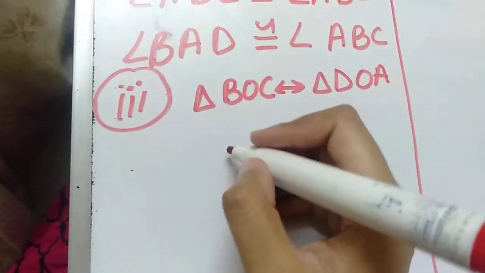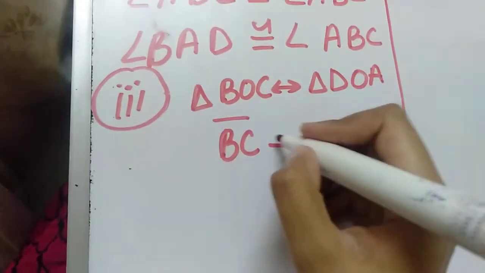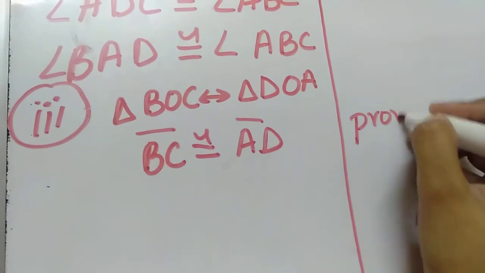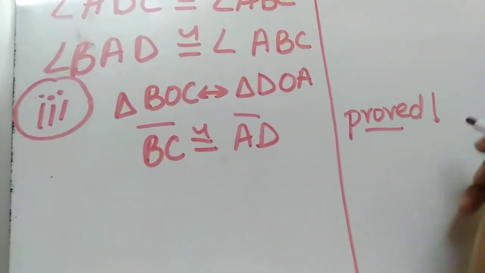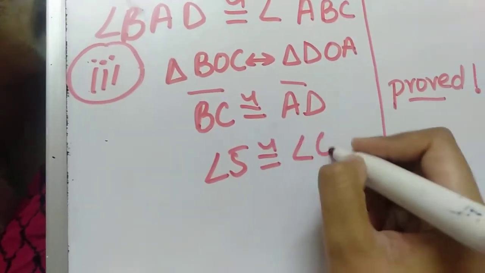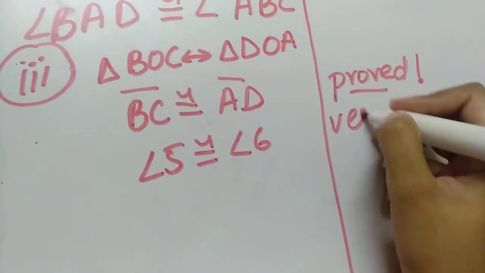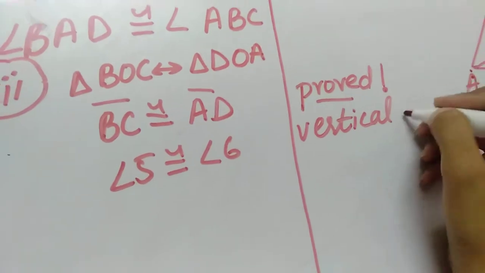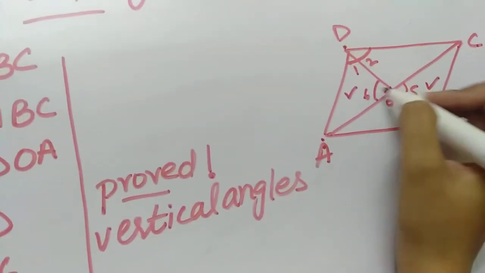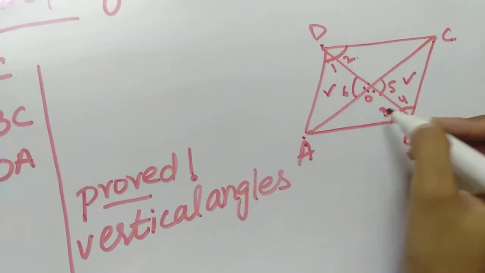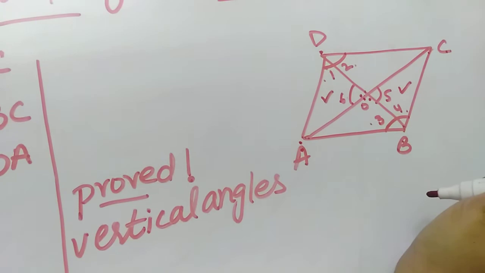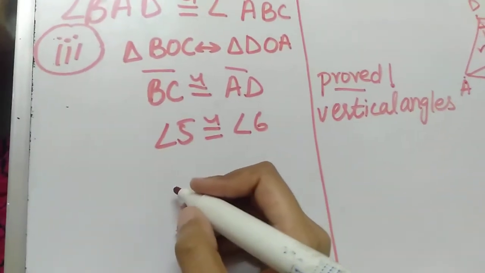In these triangles, BC is congruent to AD. We have already proved it in the first part. So angle 5 is congruent to angle 6. The reason is that they are vertical angles. 2 and 3, 1 and 4 are the alternate angles, and angle 6 and angle 5 are the vertical angles.